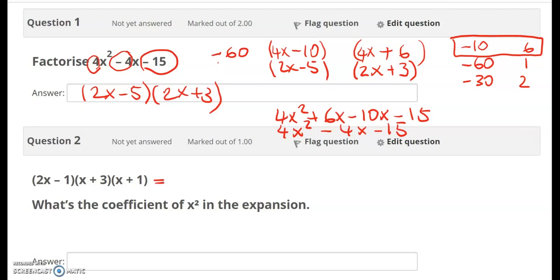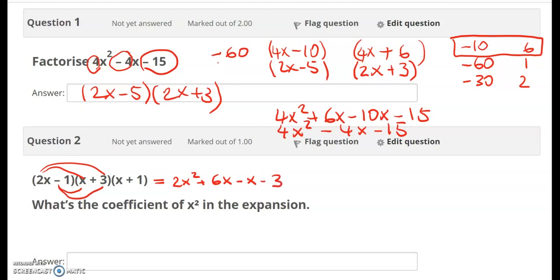2x times x is going to give me 2x squared. 2x times 3 is going to give me 6x. Minus 1 times x is going to be minus x. Minus 1 times 3 is going to be minus 3.